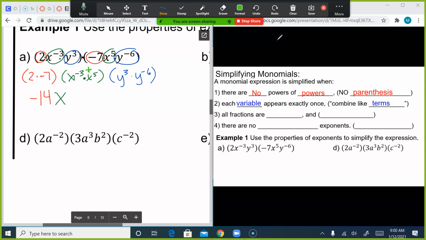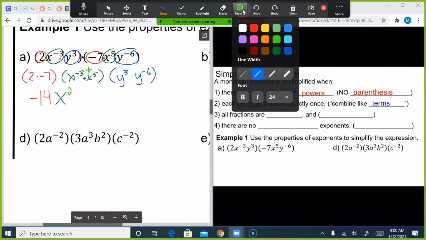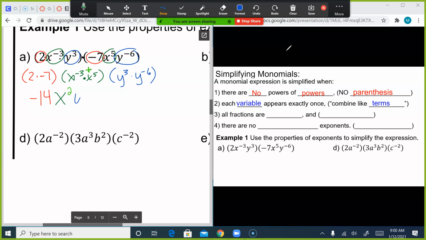So -3 plus 5 is 2. And then the y's the same thing. I combine my y's together by adding the exponents. So 3 plus -6 is -3. Okay, so there's no parentheses. Parentheses are gone. I have one of each thing, one number, one x, one y.